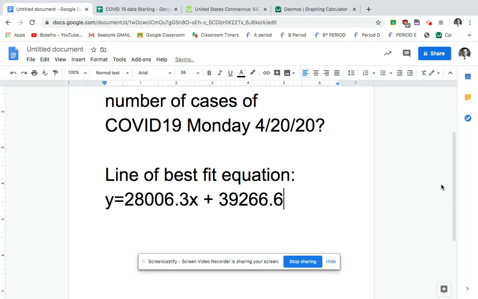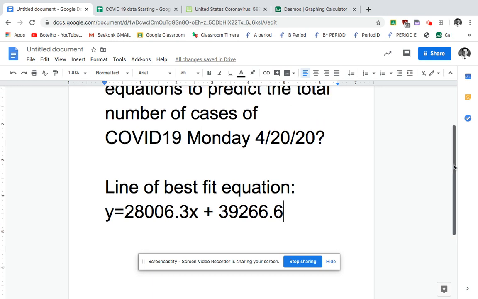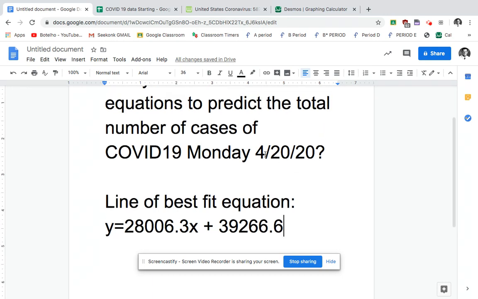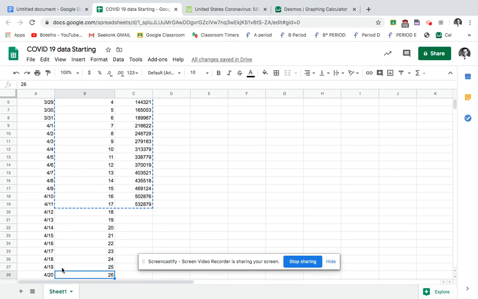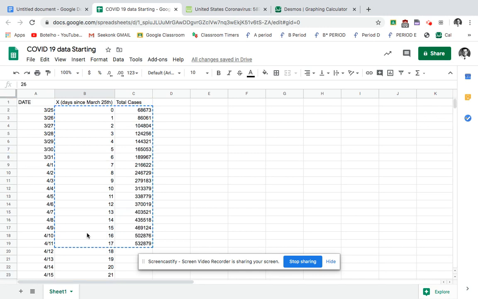Now we need to look at the date for April 20th in our data. I extended the numbers here. April 20th falls on x equals 26, which means April 20th is 26 days from March 25th, where our data started.